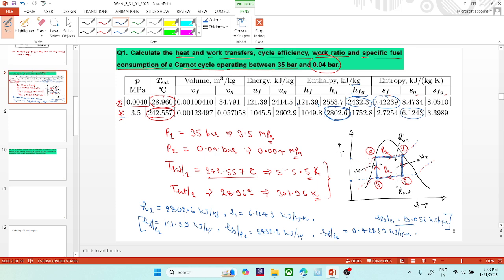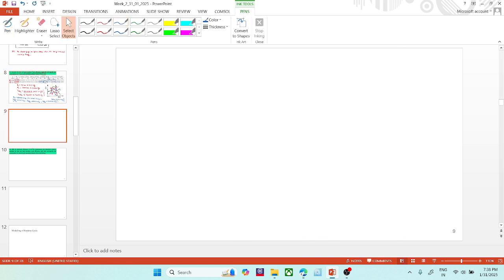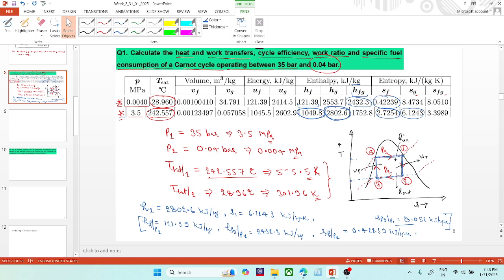And then point 4 is at the saturated liquid line at the pressure P1. So this is the pressure P1. The enthalpy at saturated liquid is this, and entropy is 2.7254. So let me write the values here.